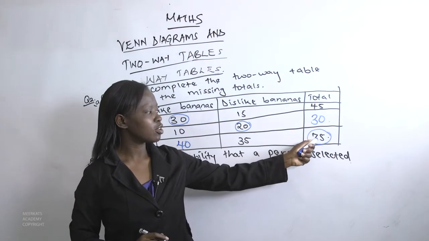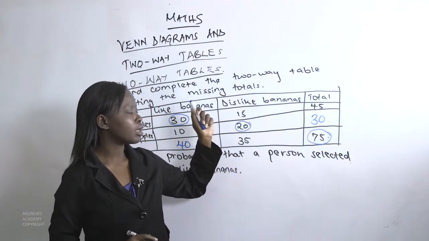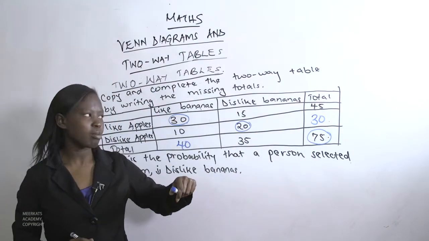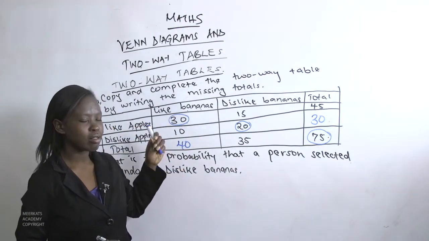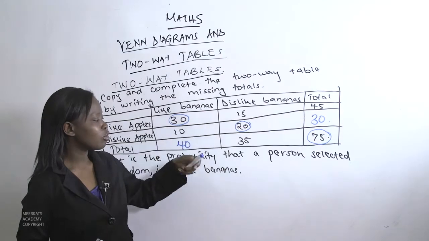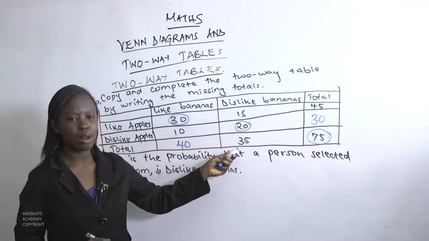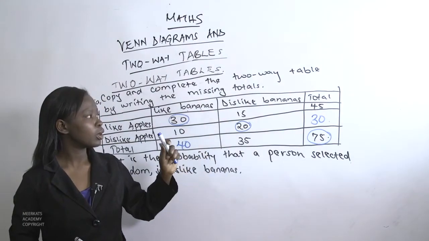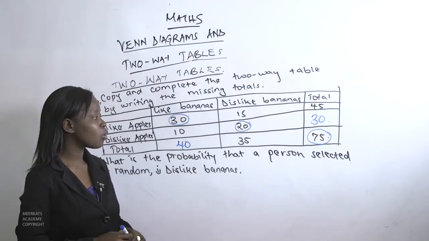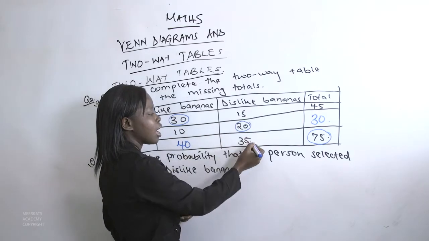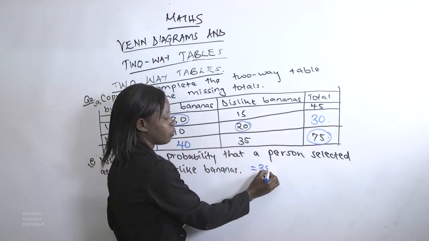So out of the 75 people, we have those who like bananas, those who do not like bananas, those who like apples, and those who dislike apples. So we need to find out from our table how many people dislike bananas. And we find that the number of people who dislike bananas is 35.